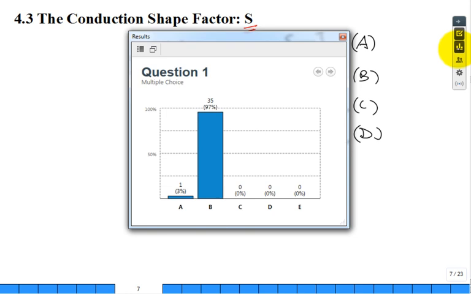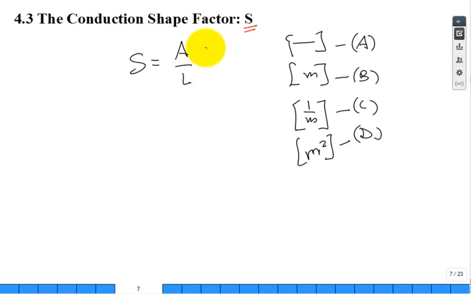Somehow one person is somewhere else today. But meters squared for the area, and then meter for the length, and then it turns out to be just meter for the SI units, right?